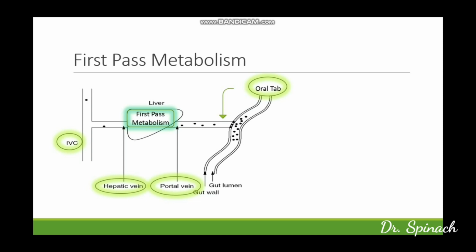And then it's available to the target organ. So, when we say that the particular route doesn't have first pass metabolism, that means it bypasses the liver and directly enters the systemic circulation.